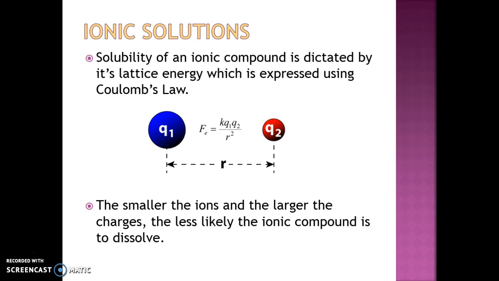Small ions with larger charges are less likely to dissociate than larger ions with smaller charges because of Coulomb's law. So solubility rules let us predict this kind of thing, which means that if you have something that is soluble, it's going to be easier to pull apart. You can break the lattice energy more easily because it probably has either large ions or small charges.